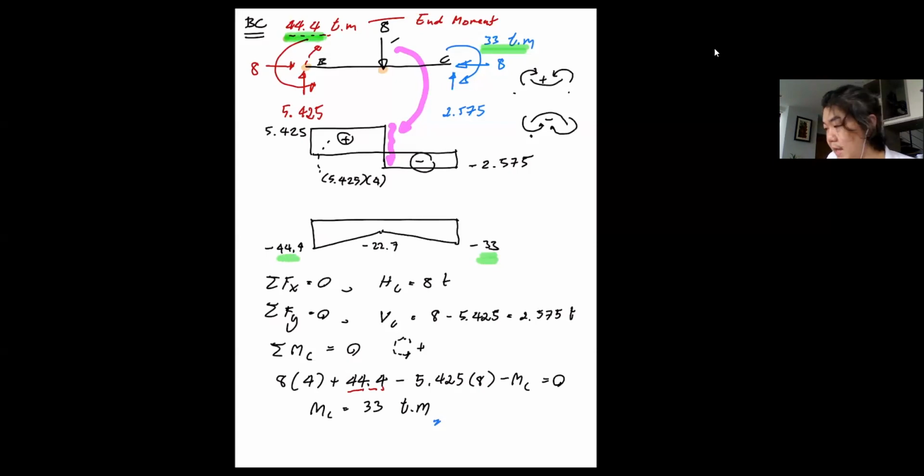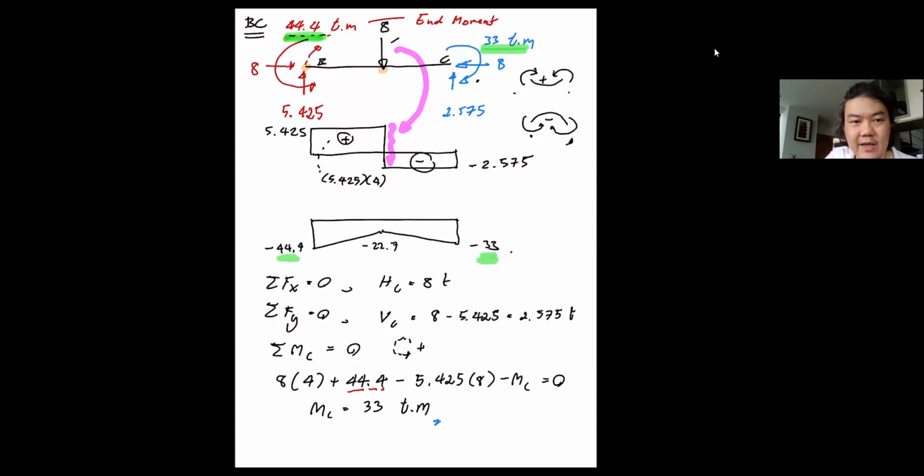Okay? And I forgot to mention one thing, that is when you look at this, there is a clockwise moment on the right, which is again a negative moment. Okay, so it turns out to be a negative value here. You see how everything is related.